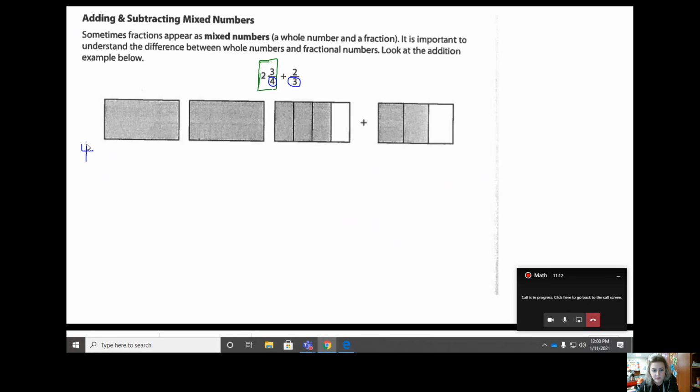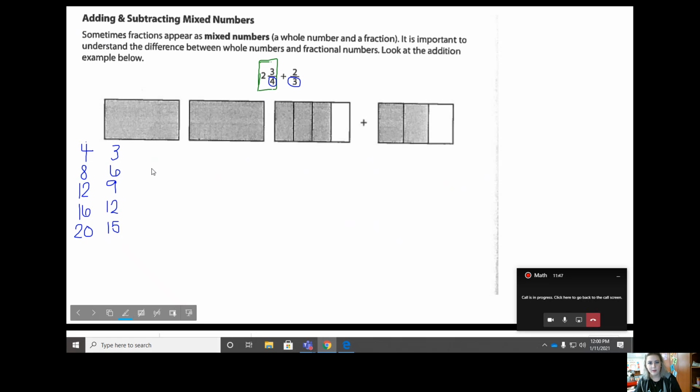We have 4, 8, 12, 16, and we'll stop at 20, okay? And then let's list our 3's. We have 3, 6, 9, 12, and 15. All right, let's go through our list.